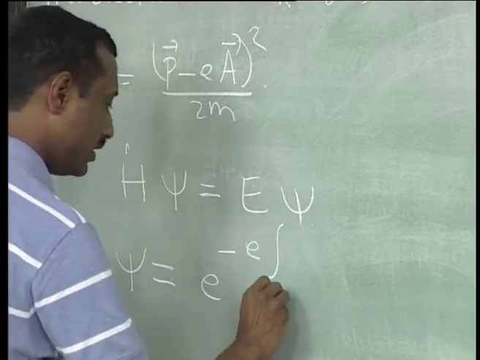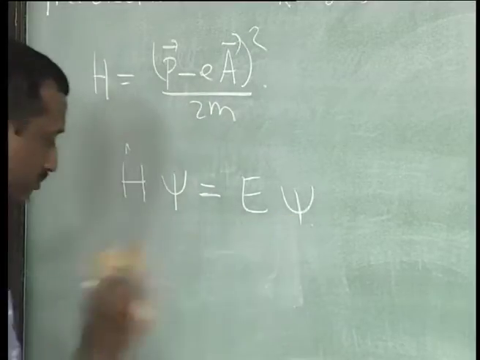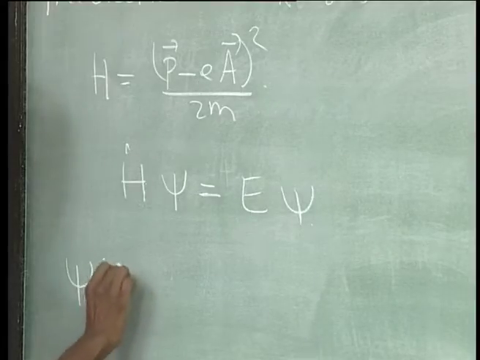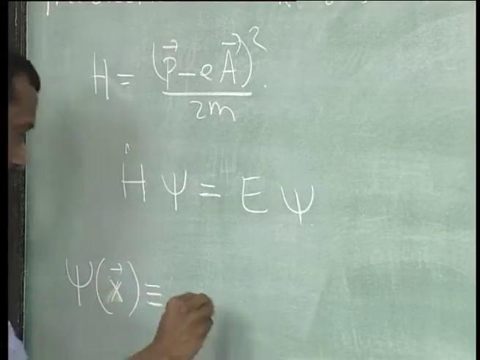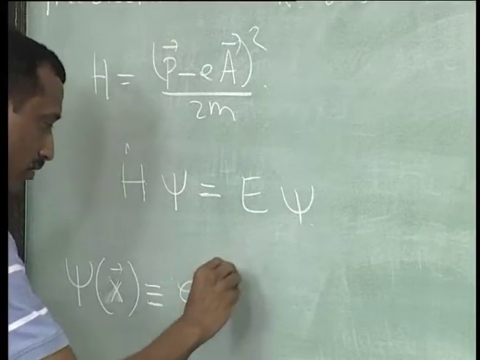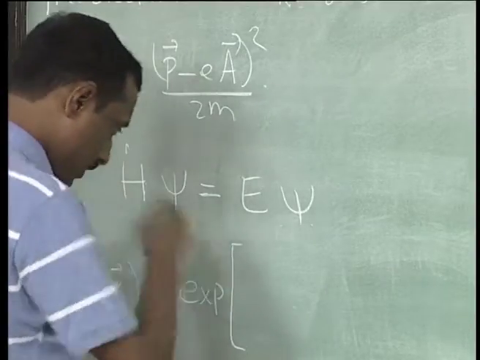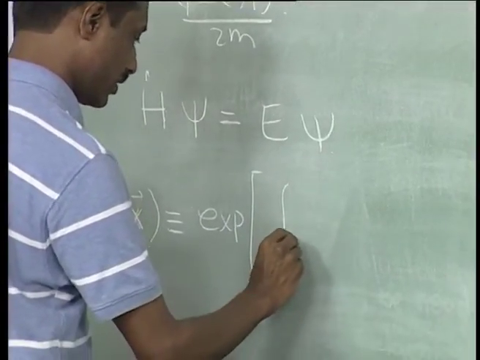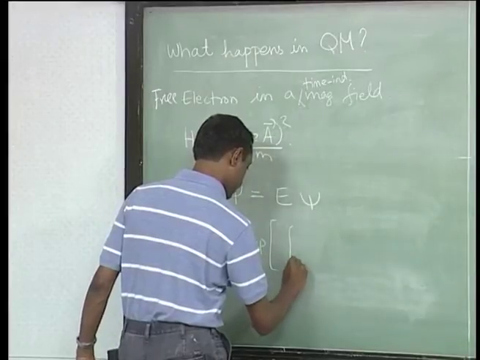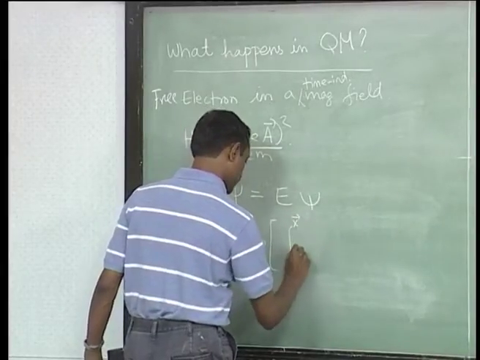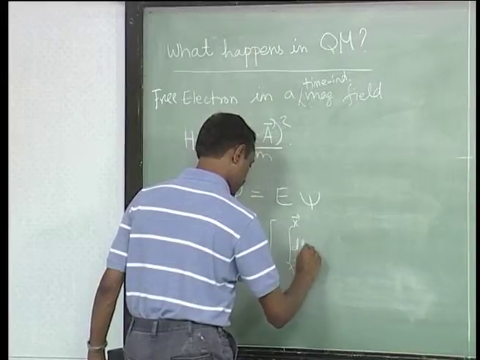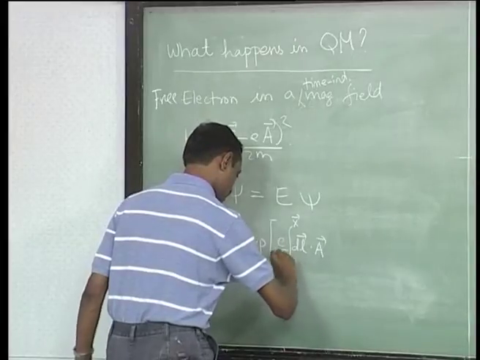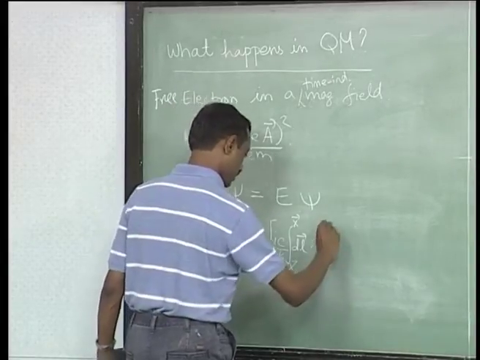Let me define things properly: psi at some location x, if I define it to be the exponential of i e by h bar times the integral from some reference point x naught to the point of interest, dl, the line integral of A.